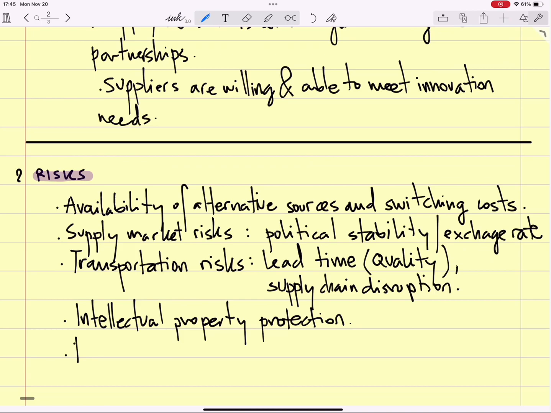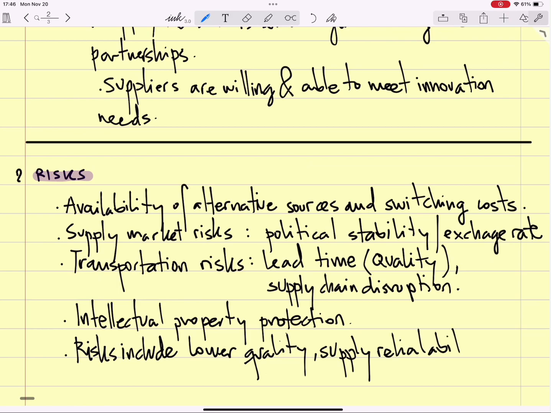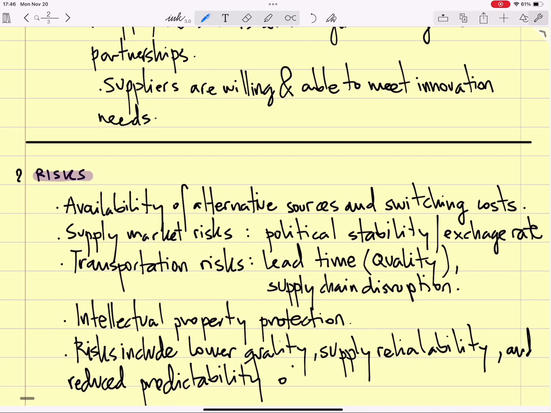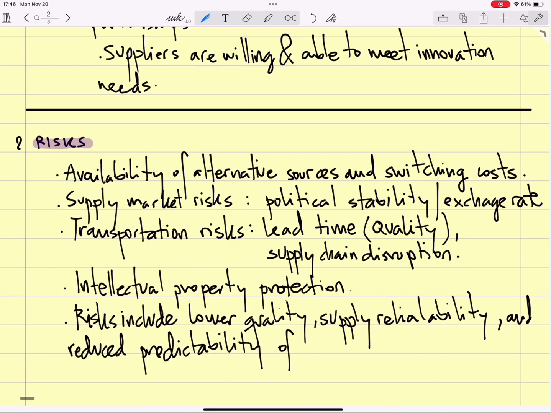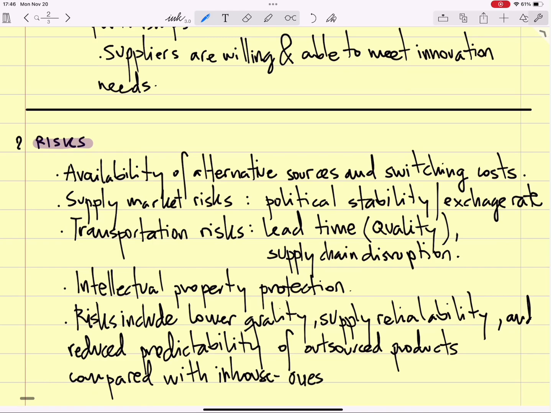Risks include lower quality derived from all this, supply reliability, and reduced predictability of outsourced products compared with in-house ones.